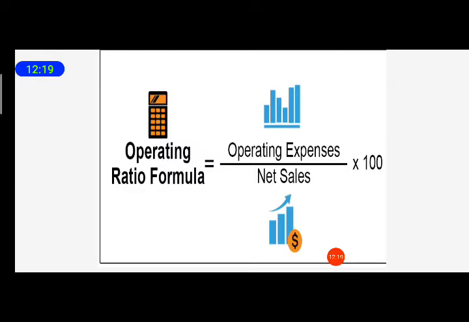This is the ratio of cost of goods sold plus operating expenses to net sales. Operating expenses consist of administrative and selling and distribution expenses. This ratio is closely related to the ratio of operating profit to net sales.